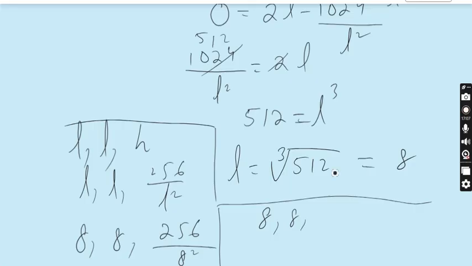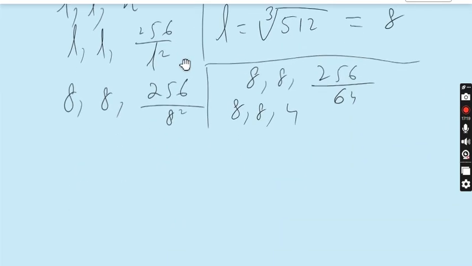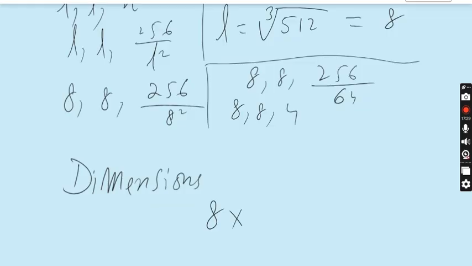So 256 upon 64 is 4. Hence our dimensions are, write the answer in this form. Dimensions are 8 by 8 by 4. This is our final answer.